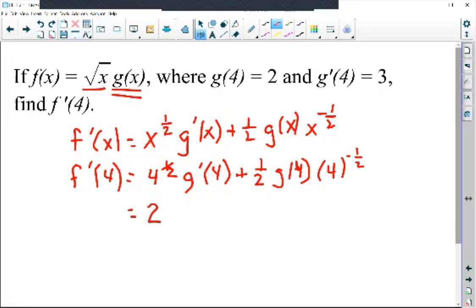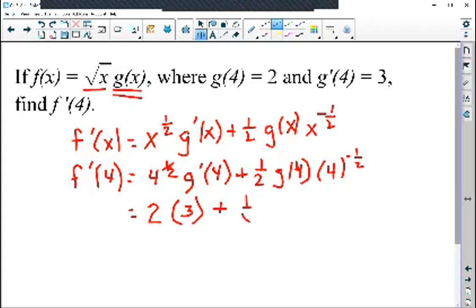All right, g prime of 4. Plus 1/2, g of 4 is 2, 4 to the negative 1/2.